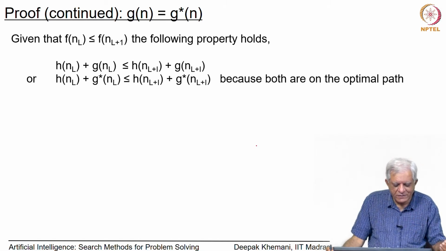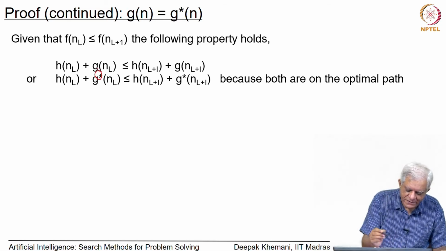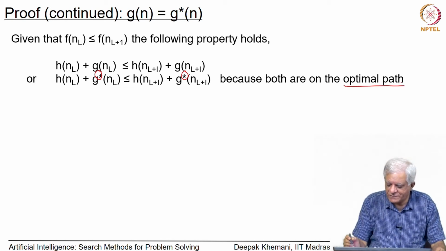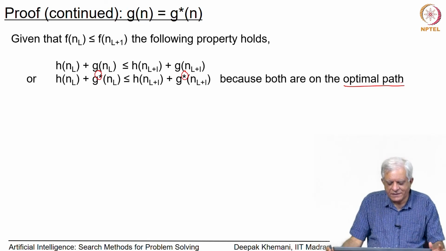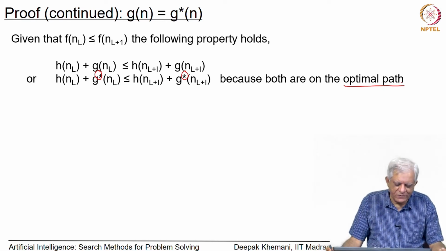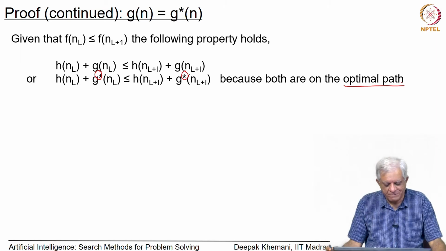This property must be true, and when we expand f of n by its definition h plus g, we get the second inequality, and in the third inequality we get this g star here in both the places. And the reason why we can add this g star is that they are both on the optimal path. We are saying that the optimal path to the node n passes through n l and n l plus 1, and therefore, their g values must be optimal. So, this property holds.